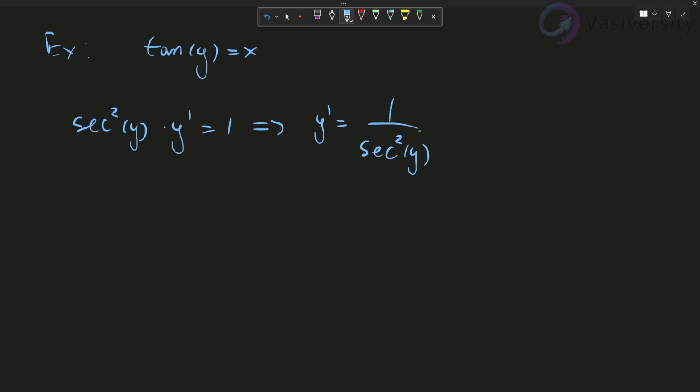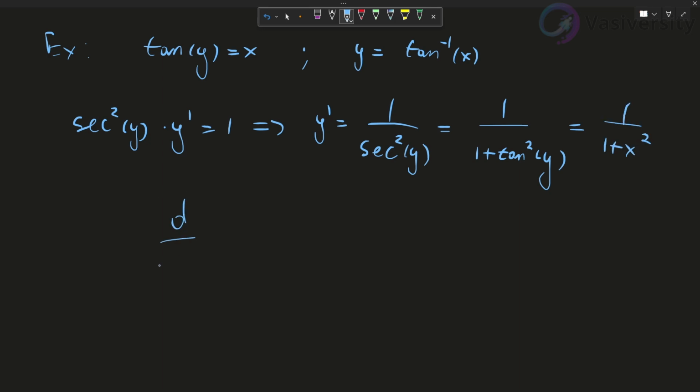Again, by using the trigonometric identity, that will be 1 over 1 plus tangent squared y. Since y is equal to tangent inverse of x, if we plug in, it's going to be 1 over 1 plus x squared. So d/dx of tangent inverse of x is equal to 1 over 1 plus x squared.